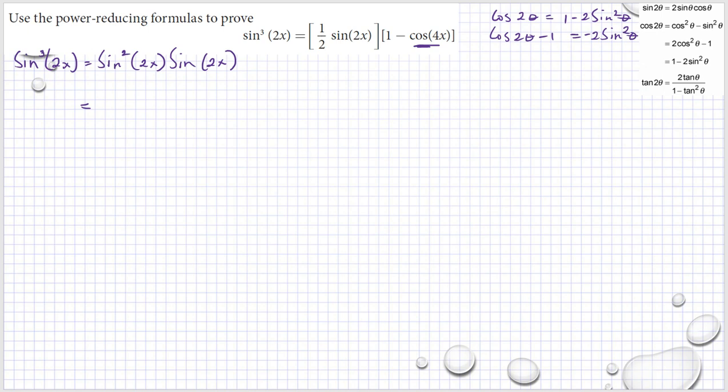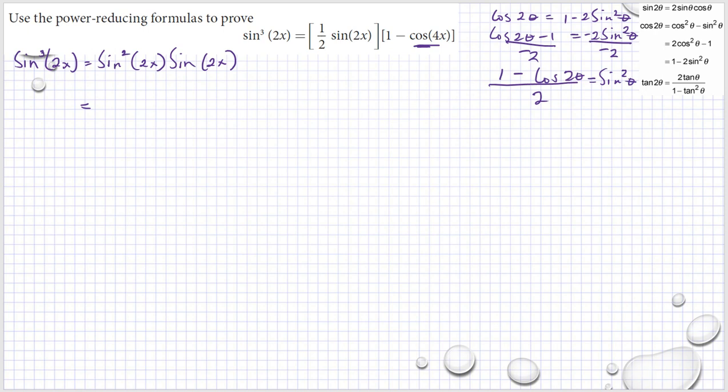And then if we divide both sides by negative 2, we have 1 minus cosine 2 theta, all divided by 2, and that's our sine squared theta.